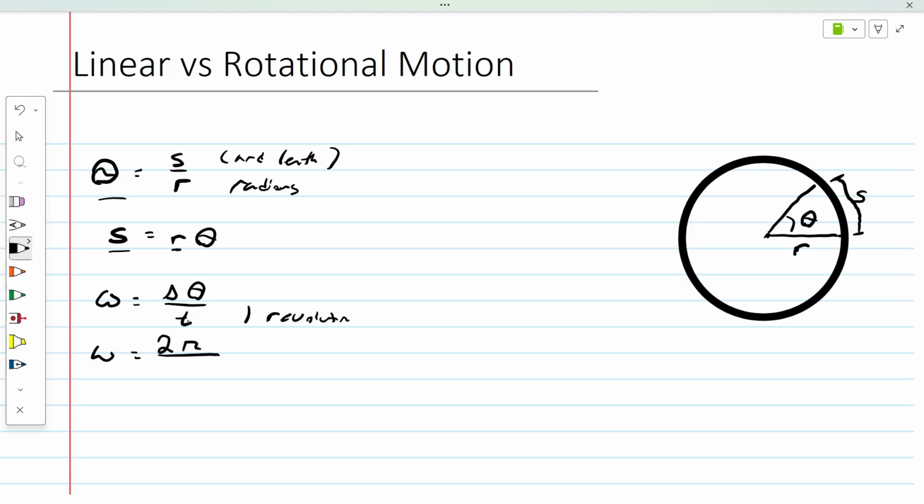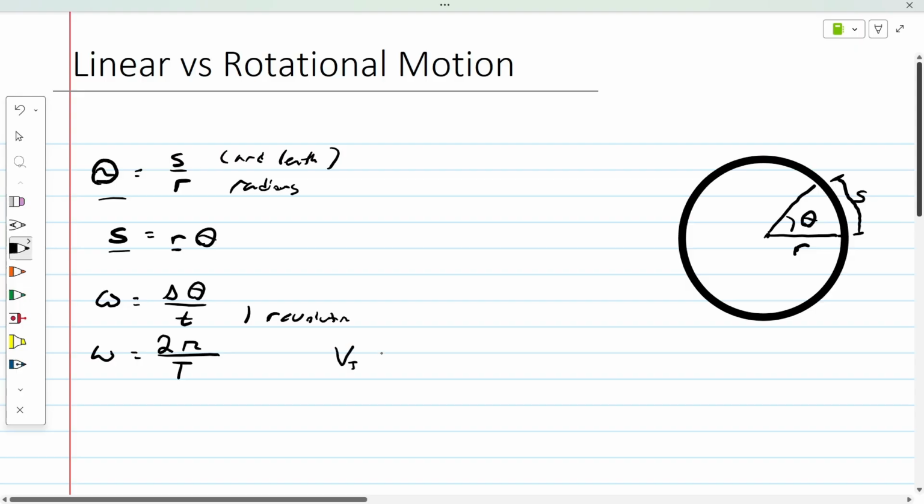And then the time to go around 1 revolution, if you remember from circular motion, is just the period. Okay, so that's the period. And so that's what we have for this angular velocity.